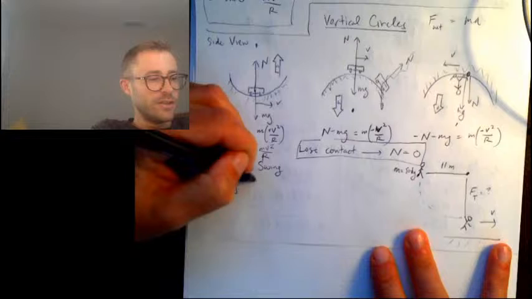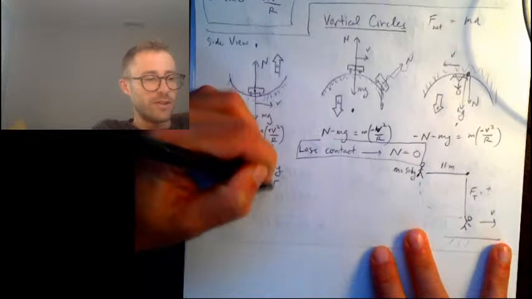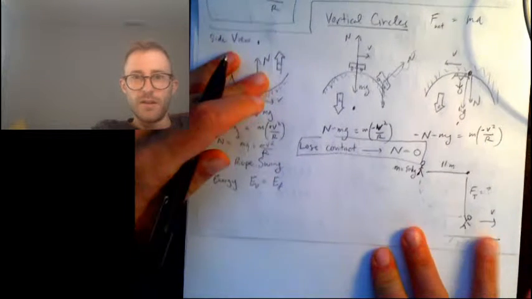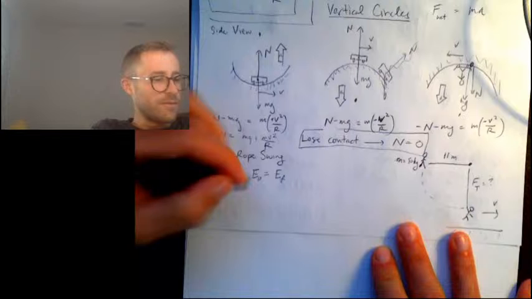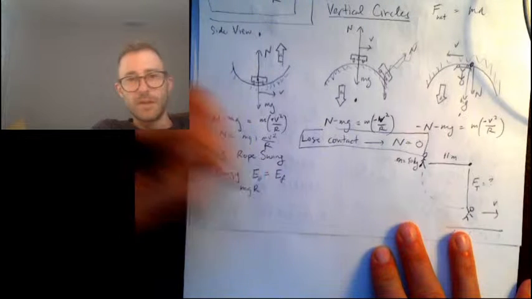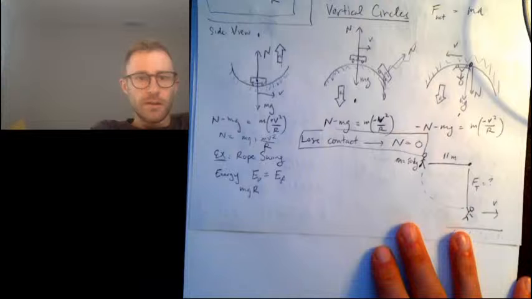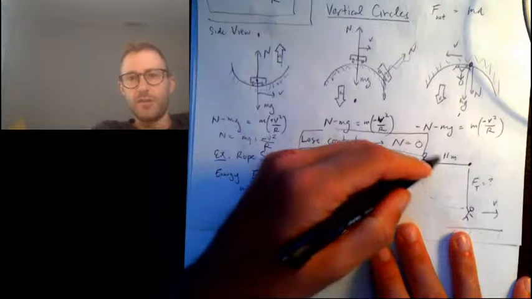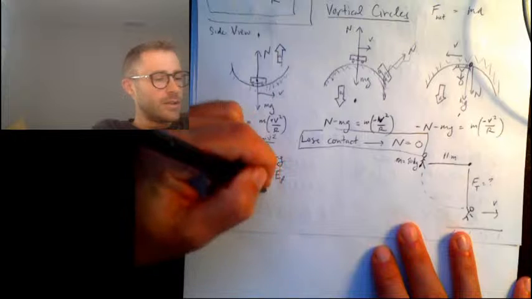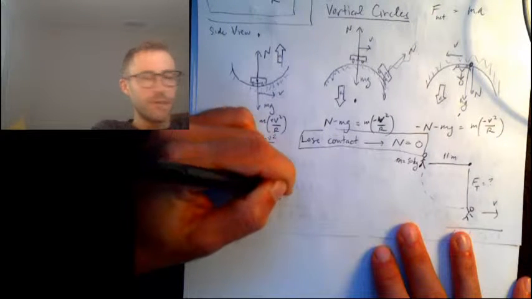So we have initial energy equals final energy. Initially they have mgr of gravitational potential energy because they're one radius higher than where they end up. And then they end up with kinetic energy 1/2 mv squared.